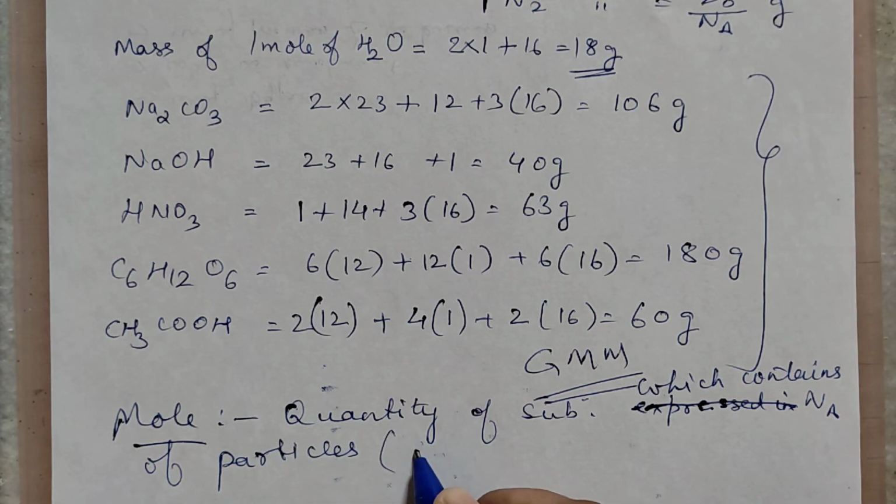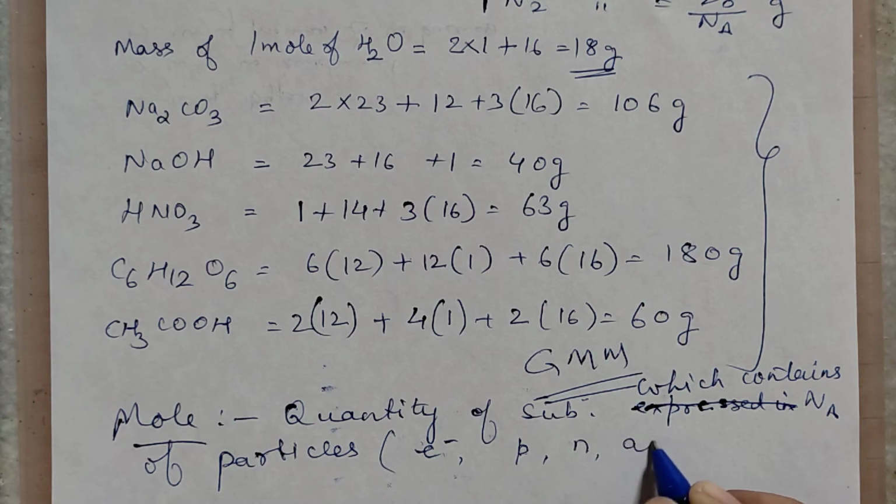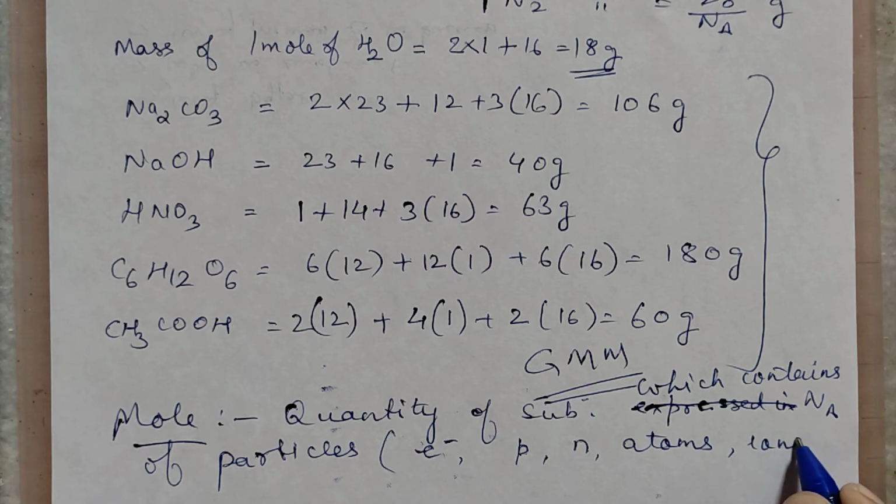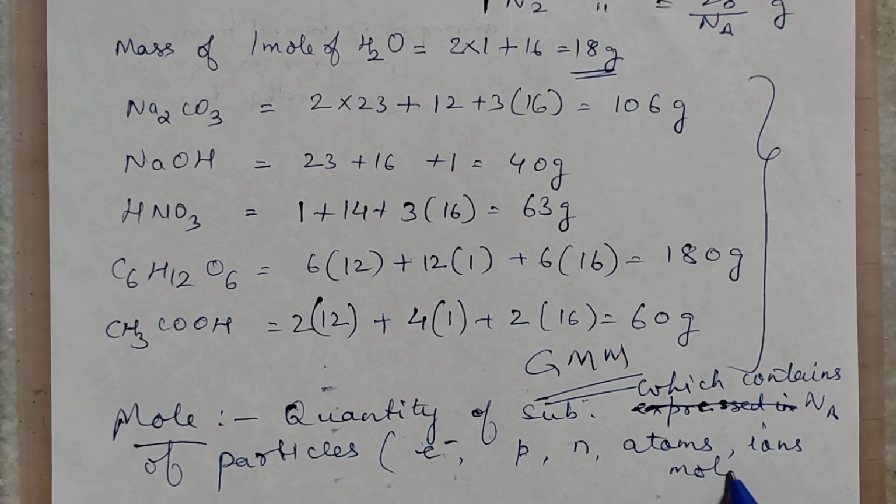Particles can be anything. It can be electron, proton, neutron, atoms, ions, molecules. So you will define mole as quantity of a substance which contains Avogadro number of particles, that is electrons, protons, neutrons, atoms, ions, molecules, etc.